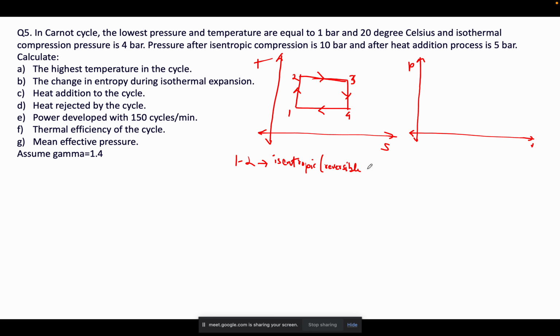Okay, so that is basically your isentropic compression, and 2 to 3 your isothermal expansion.